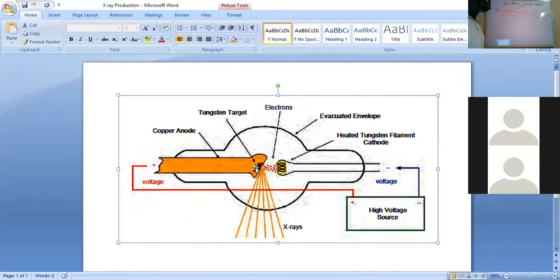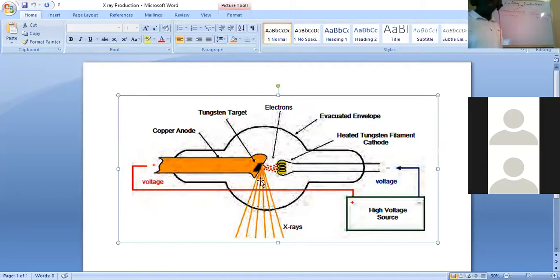It is also known that most of the energy of the electrons coming across is lost as heat, as collisional energy within the material, and so on and so forth.